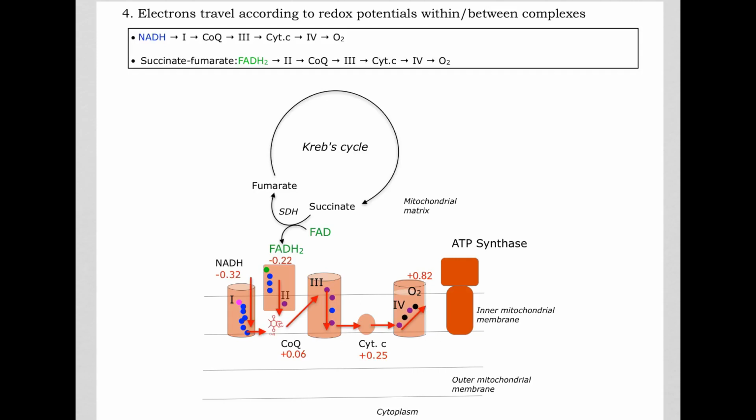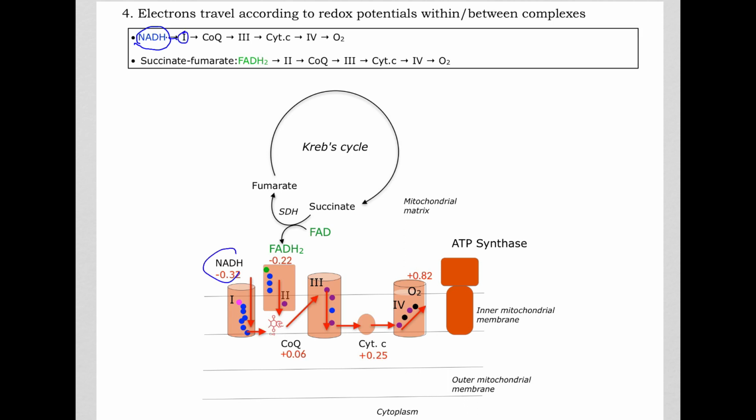As the name suggests, the electron transport chain transports electrons from NADH to oxygen, or from FADH2 to oxygen. From NADH, electrons go to complex 1.